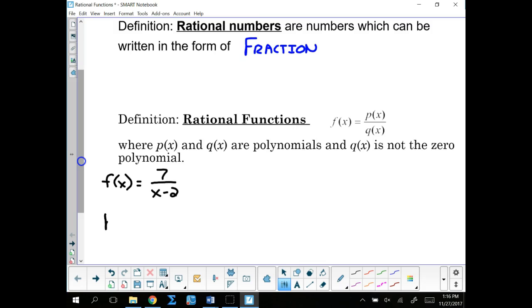We could have something like h of x equals 7x plus 2 over x squared plus 3x plus 2 on the bottom. That's a linear function on top, a quadratic function on the bottom, which makes a rational function.